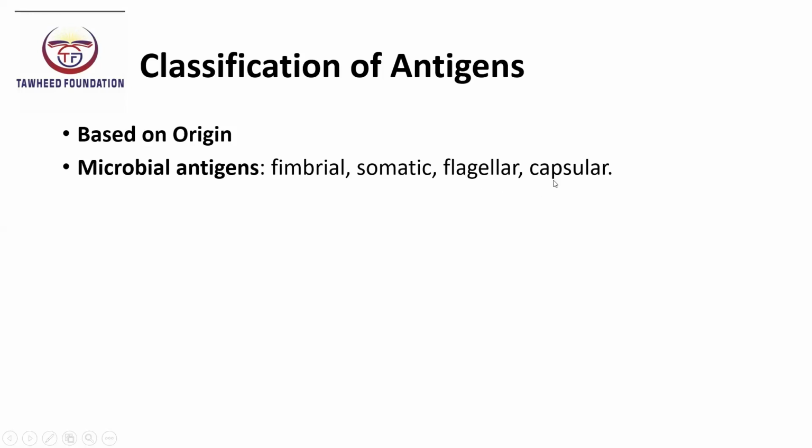Capsular antigens are found in the polysaccharide capsules surrounding some bacteria, which help them evade immune defenses like phagocytosis. So each of these antigens has distinct immunological importance, and the immune system can generate specific responses to target them.